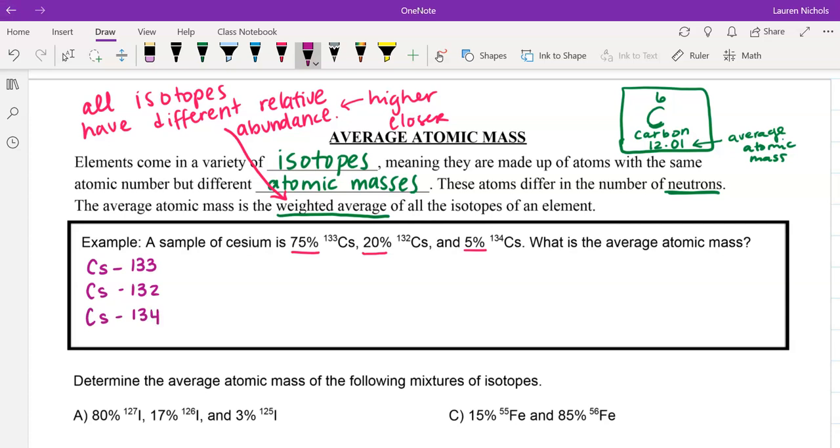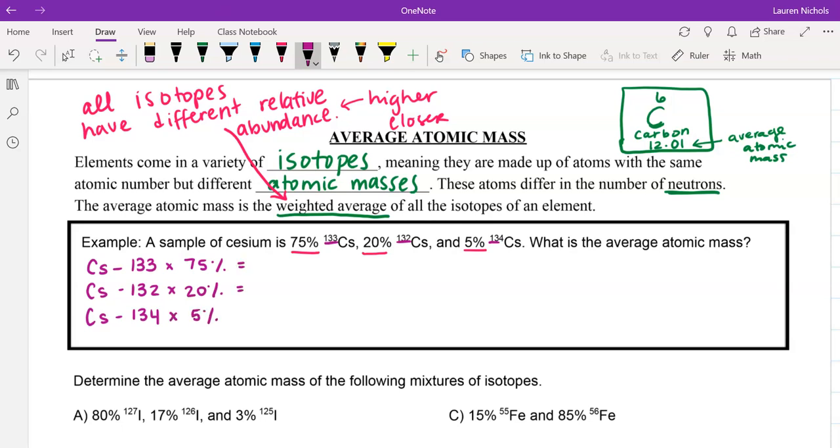And what you do is you multiply the mass number, which, remember, the number in the top left corner of a symbolic notation is always your mass number, by the percent abundance. So cesium-133 is 75%, cesium-132 is 20%, and cesium-134 is 5%.